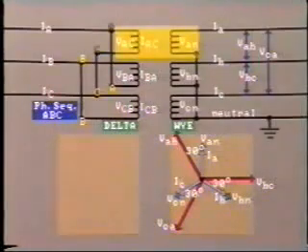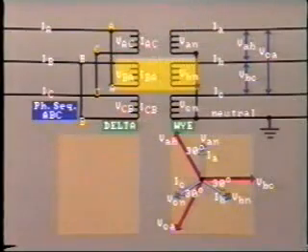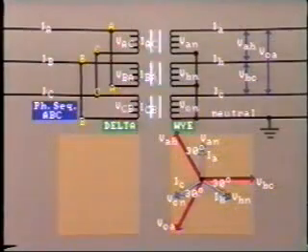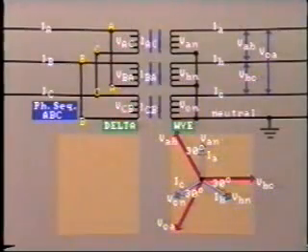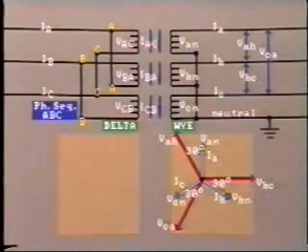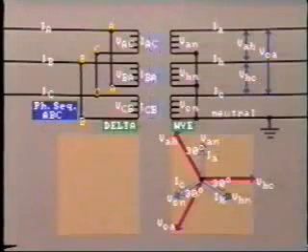Phase A is connected between line A and C, phase B between line B and A, and phase C between line C and B. Now remember, for each phase winding of this transformer, the voltage on the primary and secondary sides must be in phase as they are wound together on the same leg of the core.